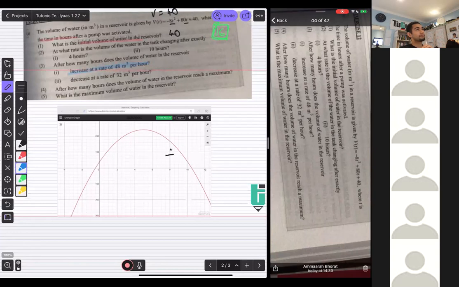Yes, the rate of change is the derivative. So you make your derivative equal to that 48. You see?